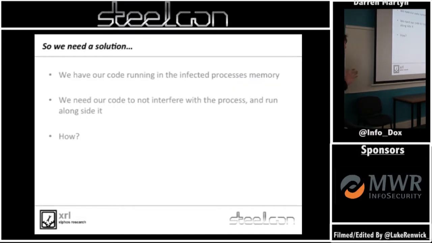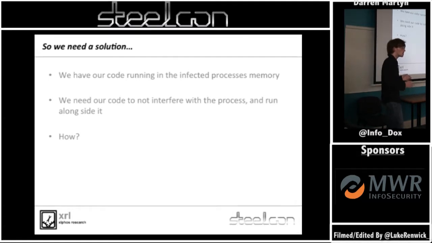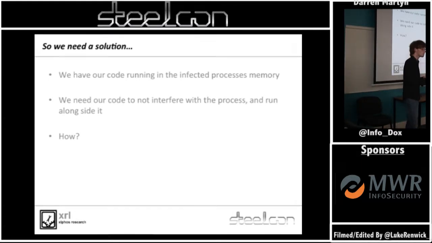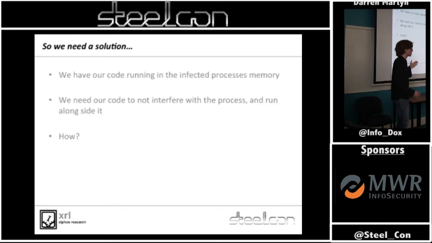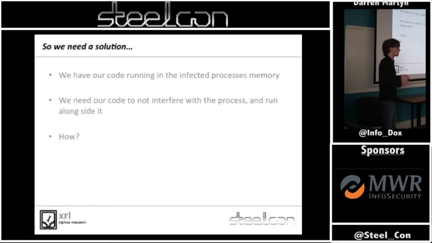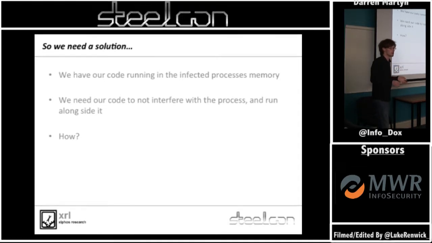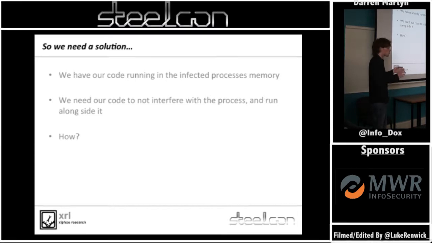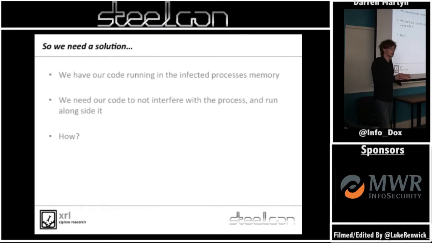So we need a solution to this. We need to find a cleaner way. We've got the injection working, but everything falls over straight away. So, what do? We've got our code running in the infected process, which is a start. Our code's now invisible. We need our code to not muck up the process, so we need to run alongside, in parallel, side by side in harmony.